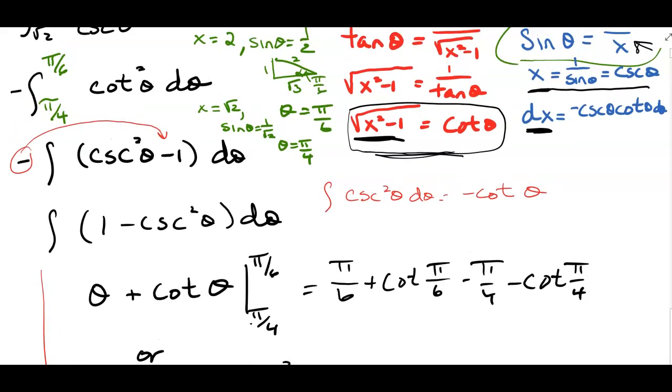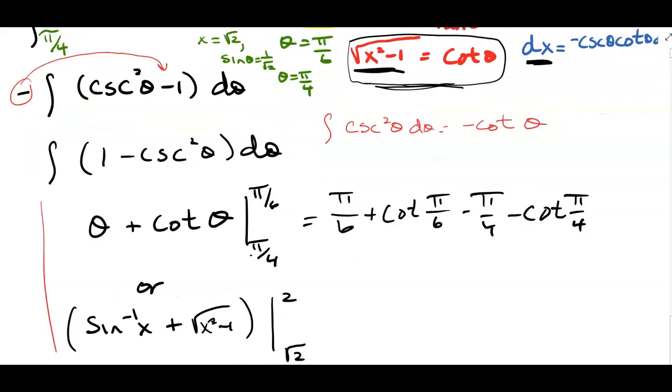Cotan of pi over 6: I already drew my pi over 6 triangle, so cotan of pi over 6 is adjacent over opposite, so it's square root of 3 over 1. That gives me pi over 6 plus square root of 3 minus pi over 4. Can't do anything with that.